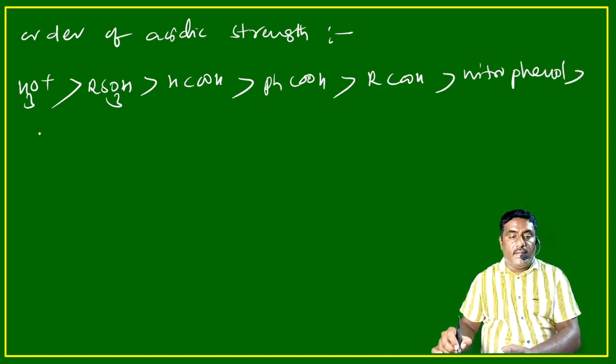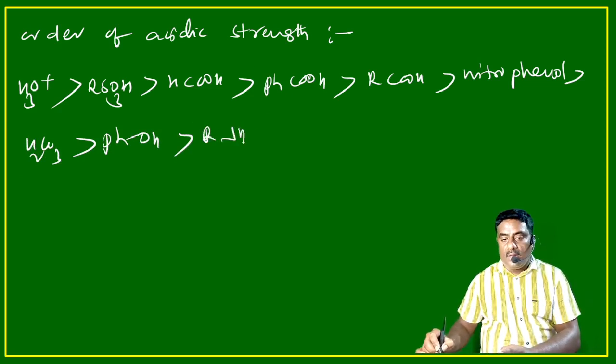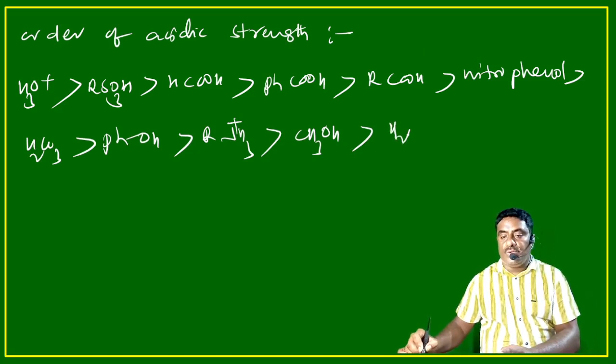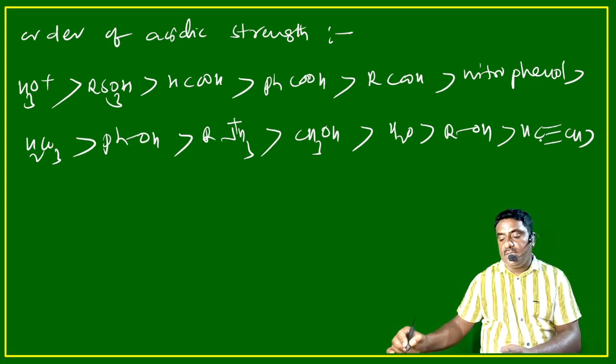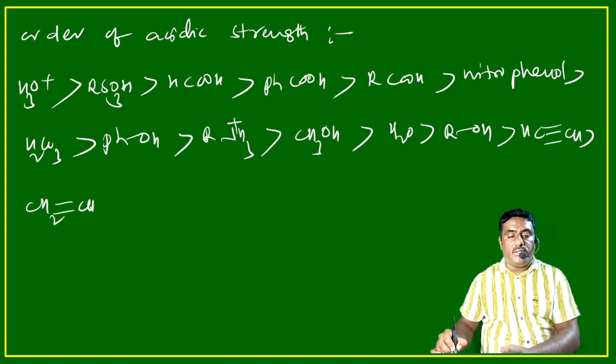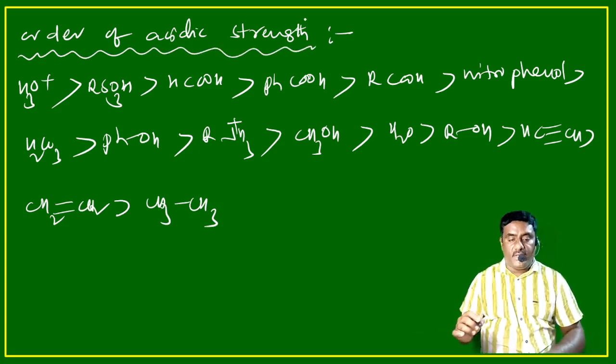Then H2CO3, carbonic acid, and phenol, PhOH, and RNH3+, and CH3OH, and H2O, and ROH, and alkynes HC≡CH, and alkenes CH2=CH2, and CH3. This is the order of acidic strength.